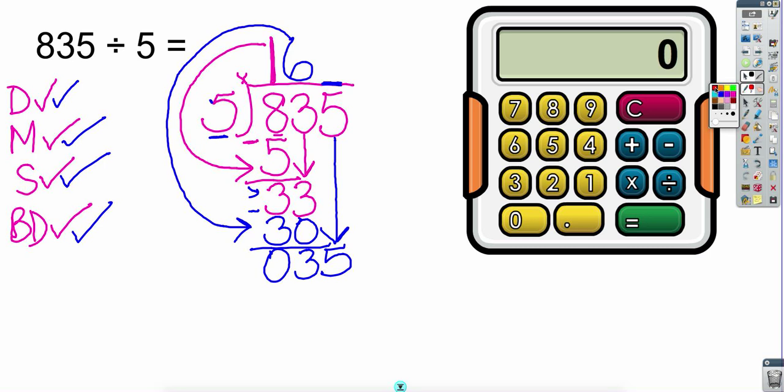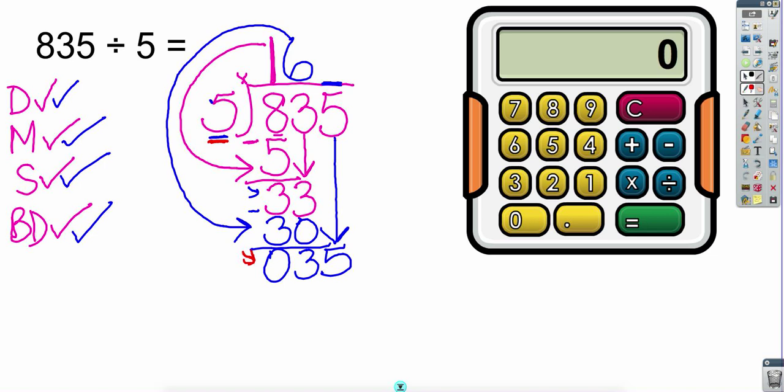So now when I'm up to my division, I have a new number in my house again, and my number in my house is 35. So now I'm asking myself, how many times does 5 go into 35 without going over? I skip count by 5: 5, 10, 15, 20, 25, 30, 35.